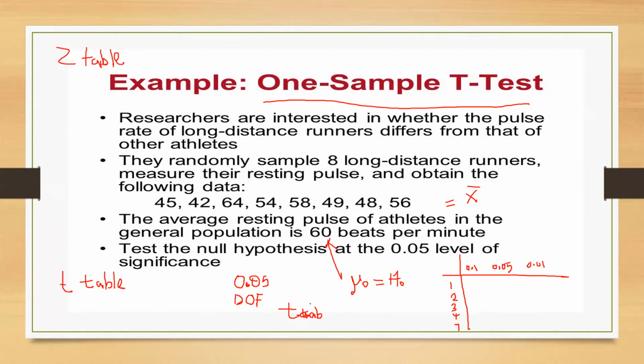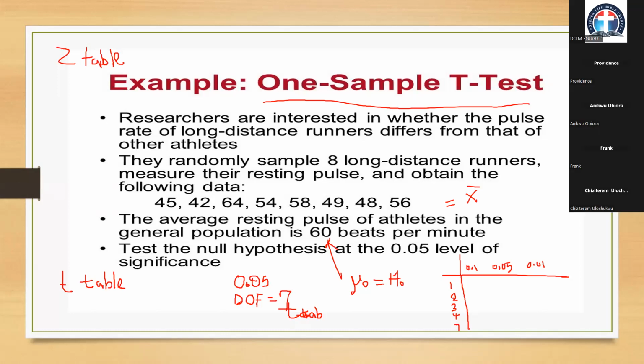So the table looks like this. You already got the degree of freedom to be 7. Now you will go there. You will see the degree of freedom on the vertical column. You check it under that alpha level, which is 0.05. The number you see at this point is your T tab.